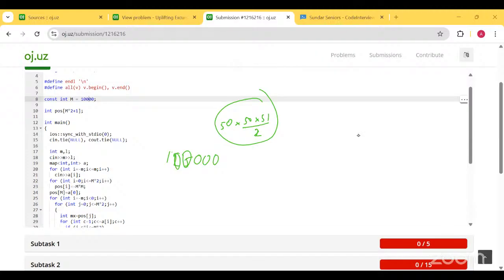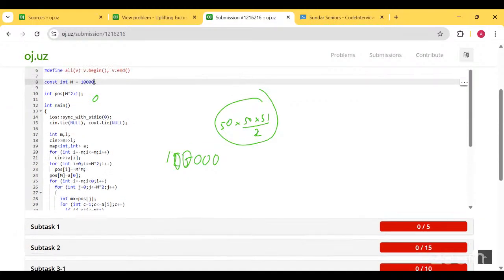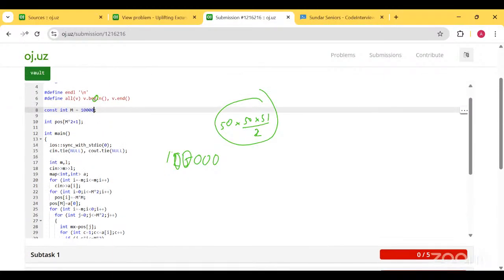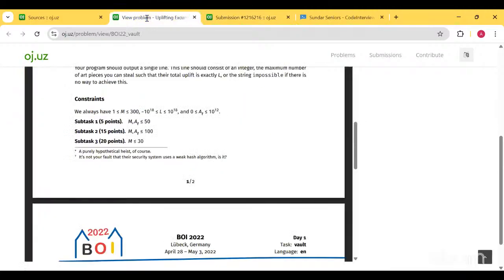All right. What if you add another zero here? Is it accepted on the first subtask?